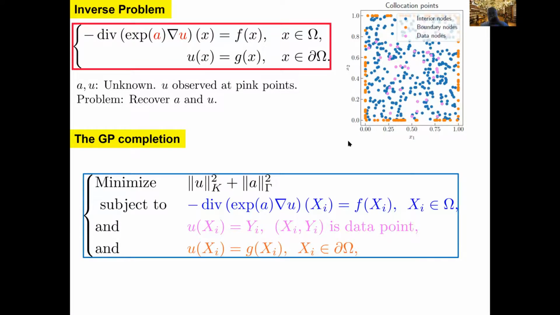The GP completion is then equivalent to recovering the solution and the coefficient of the PDE by minimizing the sum of the squares of the RKHS norms with respect to 2 possibly different kernels, K and gamma, subject to the PDE being satisfied at a finite number of collocation points on the boundary and in the interior, and also subject to a measurement of the value of the solution at the data measurement points.